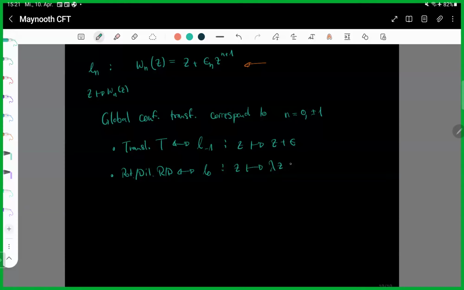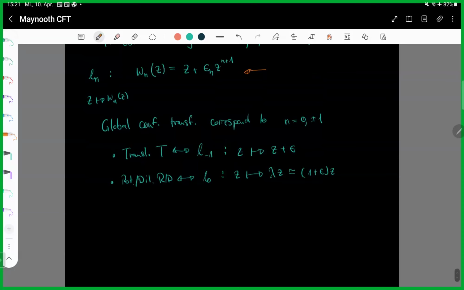But if lambda is just a small dilation, then what this really is, is (1 plus epsilon) z. And then we look up here again, and we find that this is indeed L_0, right? So in that sense, L_0 is responsible for those.